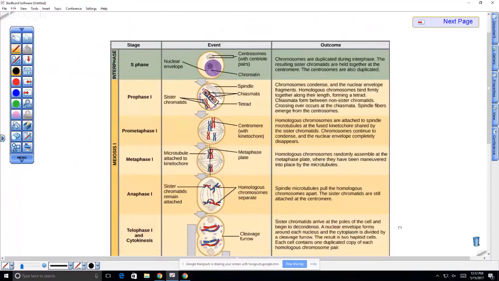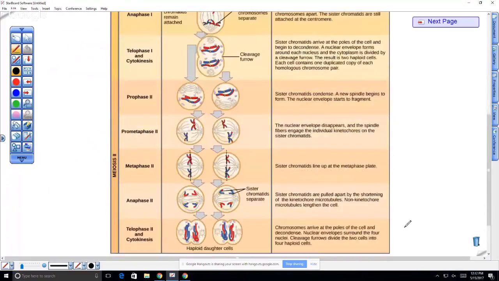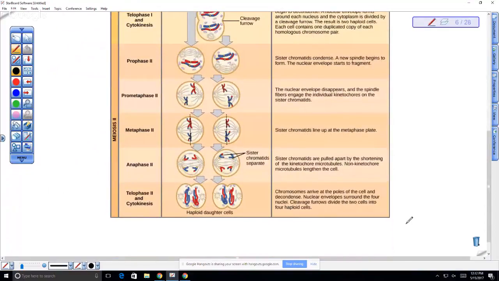And so you eventually have, right, cells that have only half of the genetic information, right? So you have these haploid daughter cells, and the chromosomes are different than the chromosomes from one individual parent. Okay. So this just shows the ending results of meiosis 2. Are there any questions about that idea?